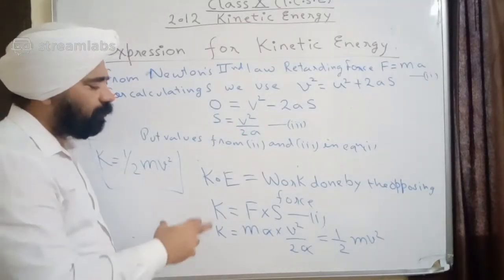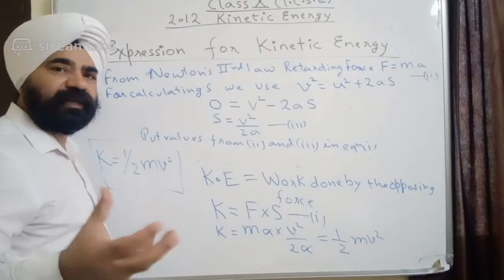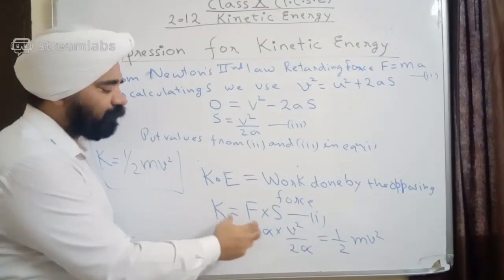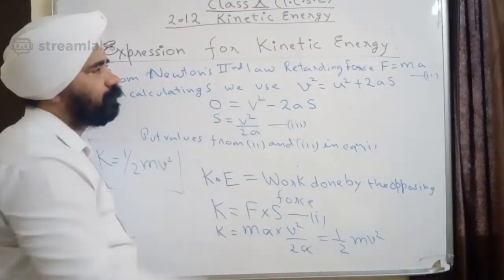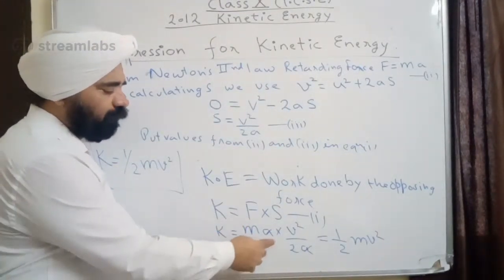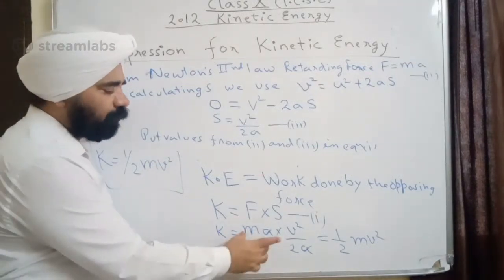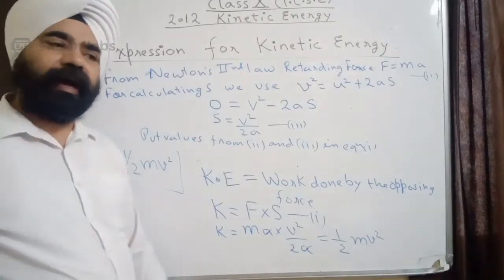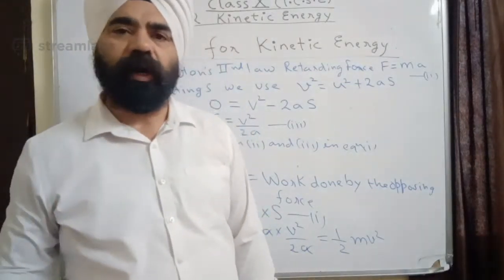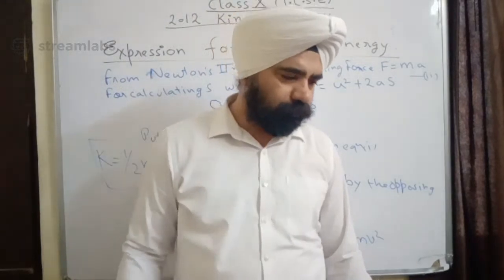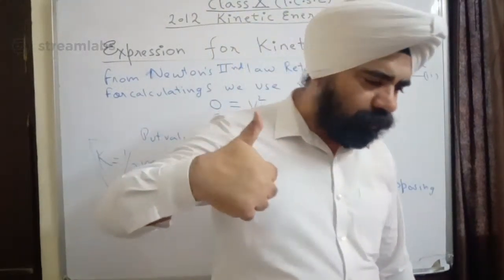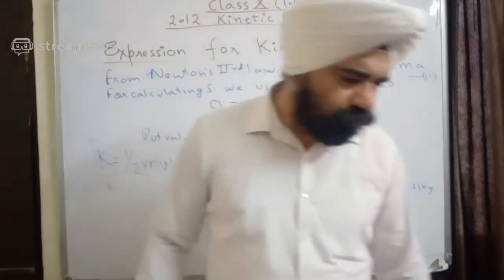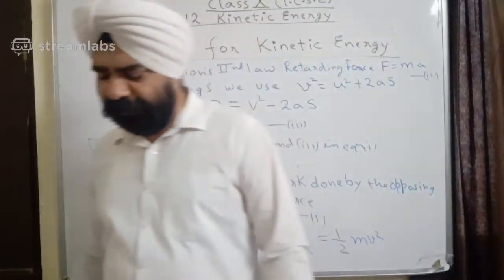Then the kinetic energy is equal to the work done by the retarding force, F into S. From Newton's second law, force is equal to mass into acceleration. We put in the value of S, a cancels, and we arrive at kinetic energy is equal to half mv square. Done. Anushka says understood, Kratika says yes sir, understood.